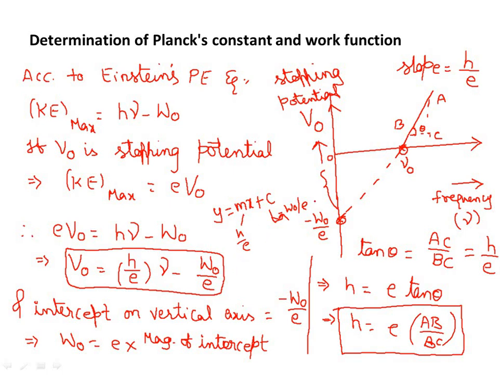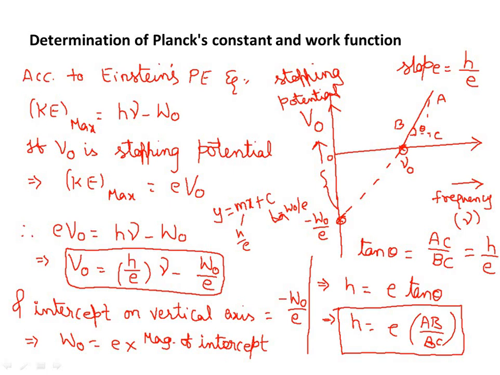Of course, this negative sign indicates it is along the negative y-axis, so that's not a deal; we take the magnitude. Hence, if you plot this graph and multiply the magnitude of the intercept with the charge, we will get the work function. Are you getting the point here? Are we clear with this?